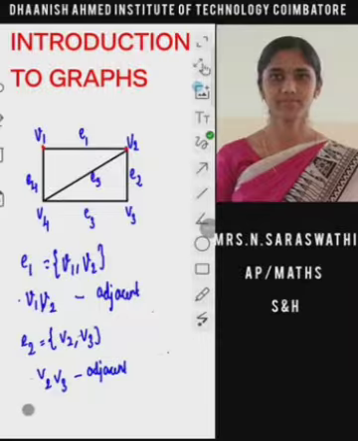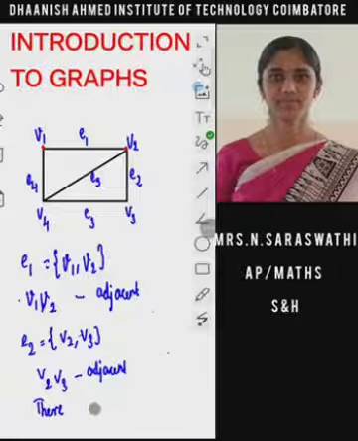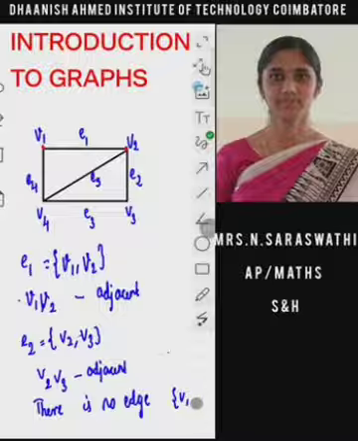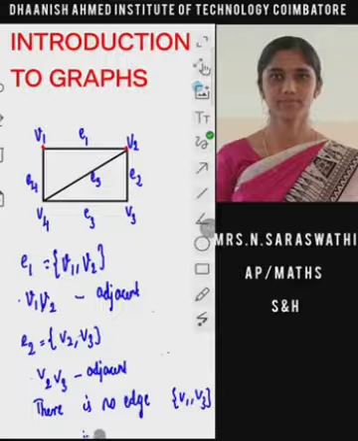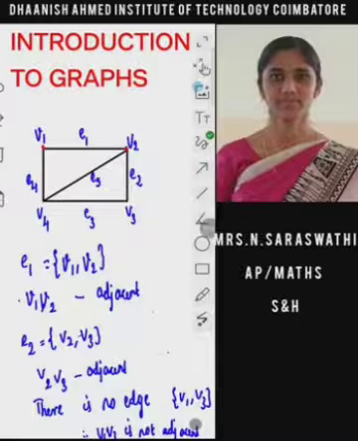Similarly, we can find whether the remaining vertices are adjacent or not. Now, can we find any vertices which are not adjacent? Here there is no edge between V1, V3. Therefore, V1, V3 is not adjacent. Adjacent vertices means there should be an edge between those vertices. If there is no edge between the vertices, then we can call it non-adjacent vertices.